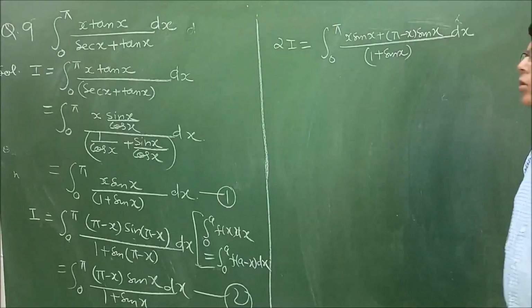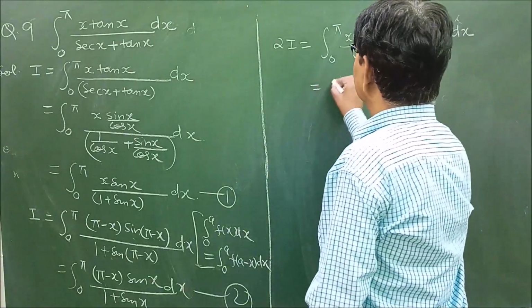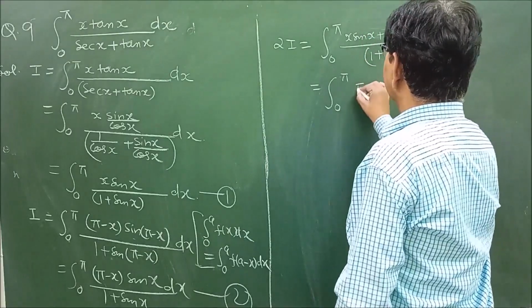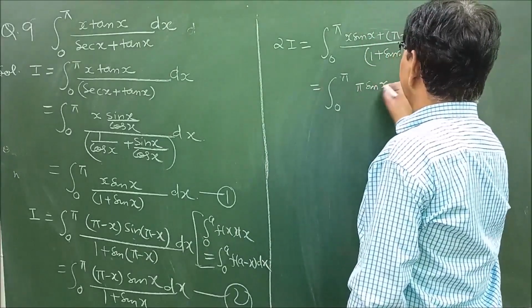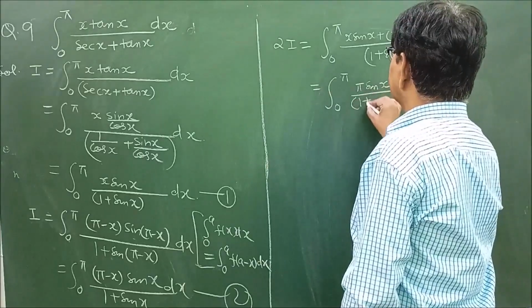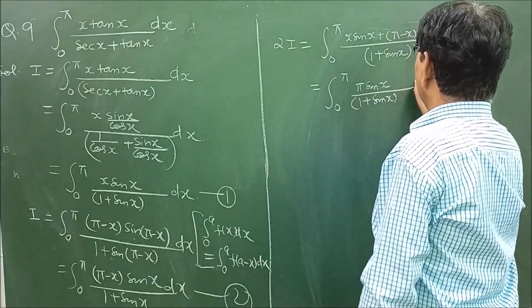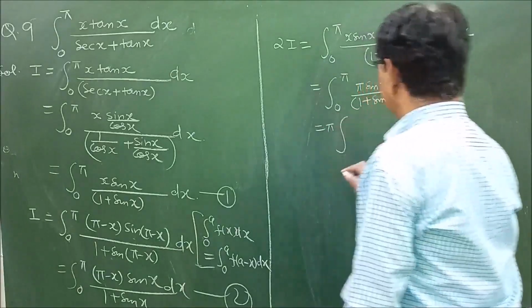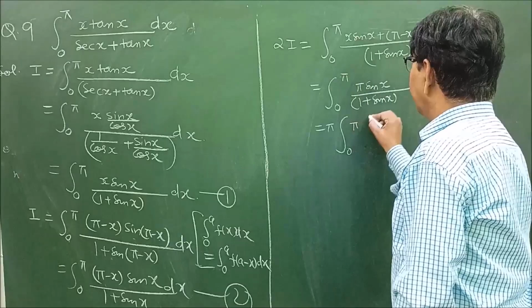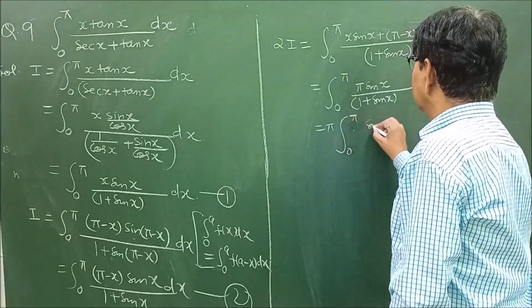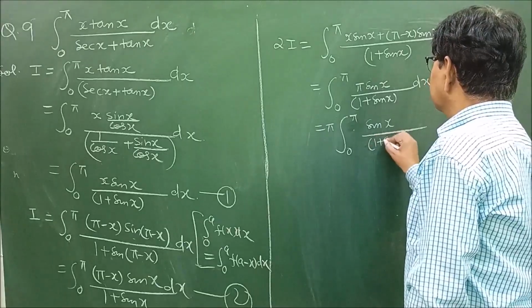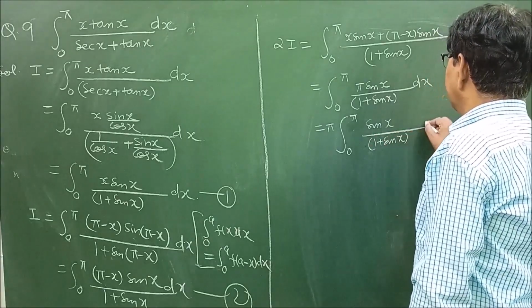This is equal to 0 to pi, and this x sin x gets cancelled. Pi sin x upon 1 plus sin x dx. Now pi is a constant, so it can be taken out of the integral: pi, 0 to pi sin x upon 1 plus sin x dx.